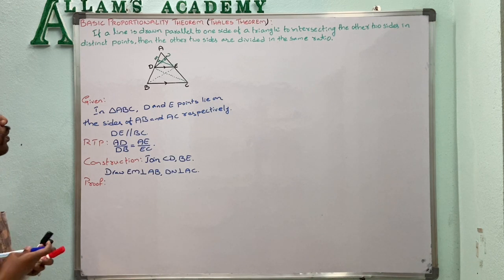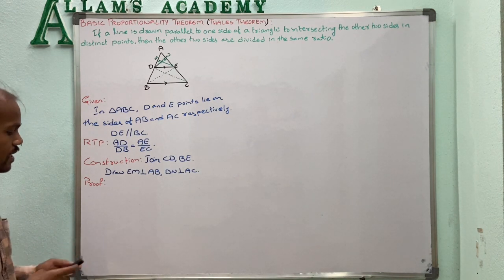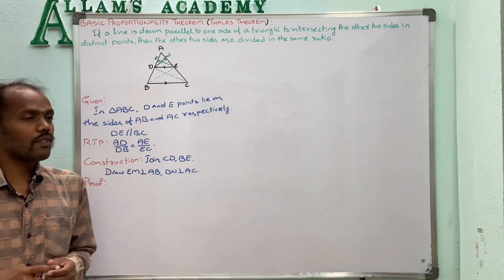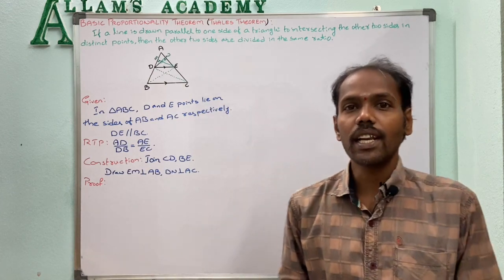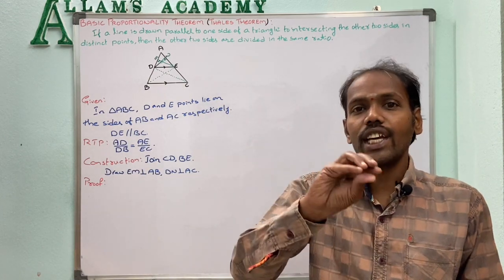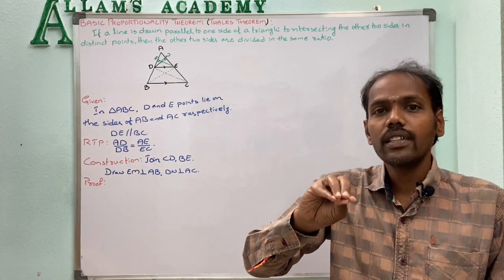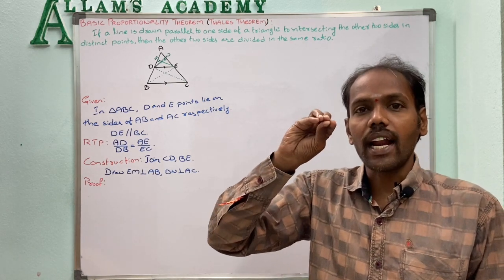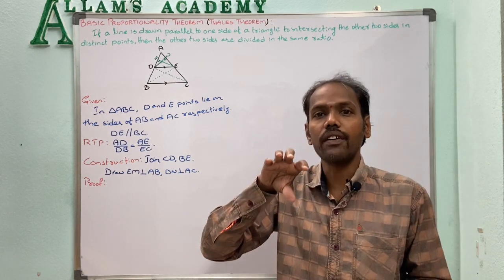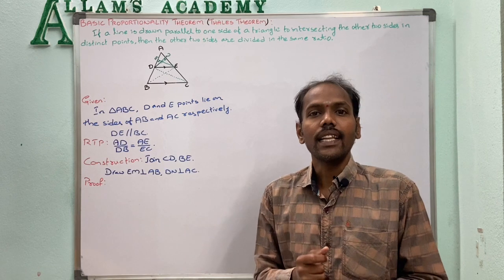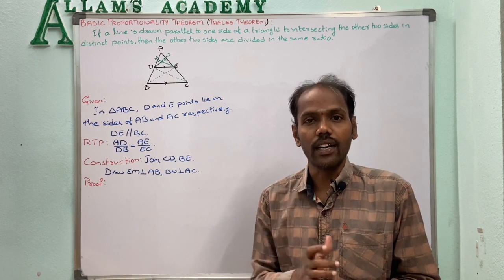For the proof, in our previous class, 9th class, we learnt a theorem. The theorem says that if two triangles lie between the same parallel lines and have the same base, then the two triangles' areas are equal.